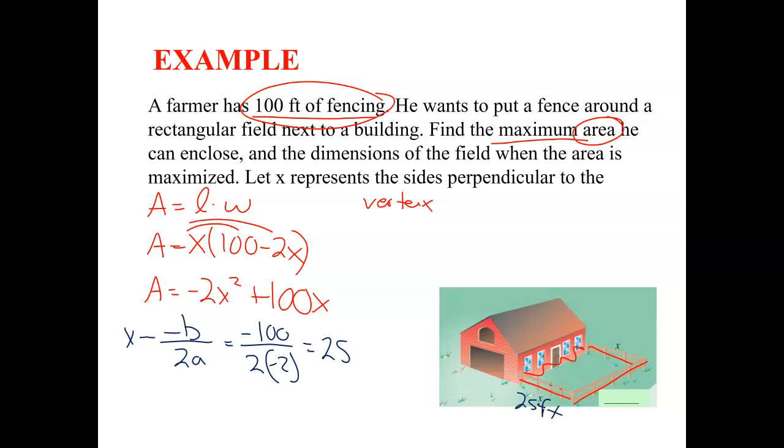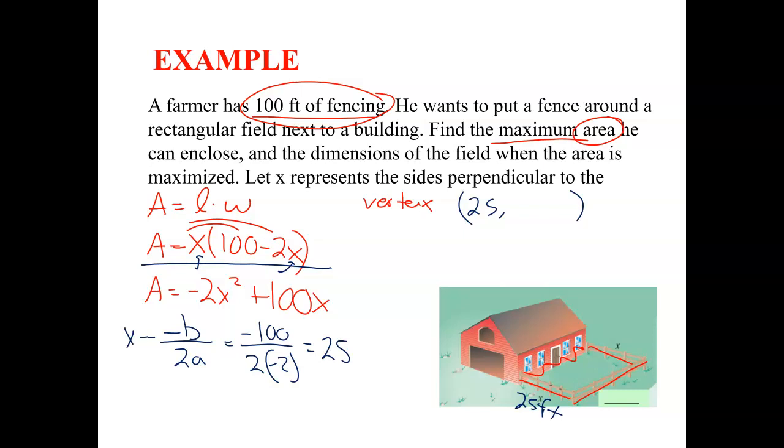Okay? Now, the other part of the vertex. Think about your vertex. I've got 25 as my x value, right? And x value represents this. Looking at this equation, x being one of my sides, what does my y value represent? Not length. My width. What does my y value represent?